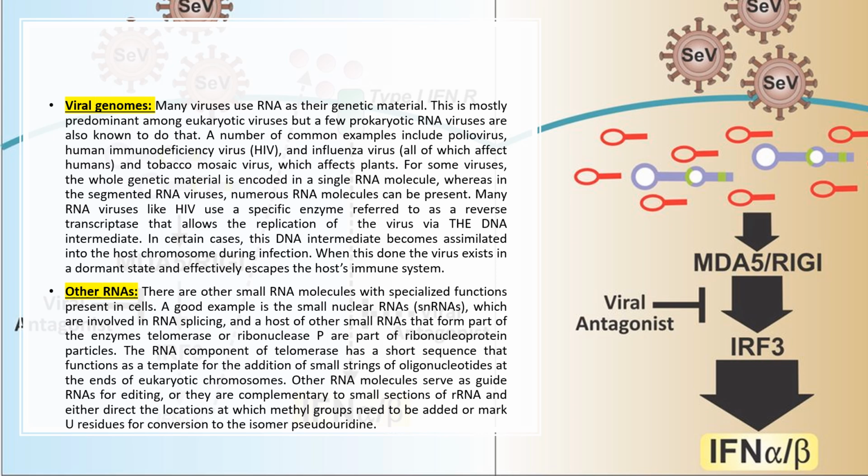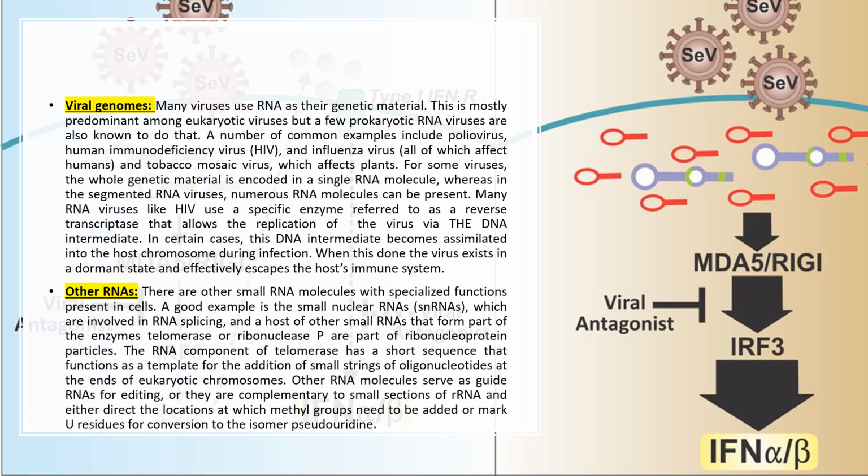Other RNAs. There are other small RNA molecules with specialized functions present in cells. A good example is the small nuclear RNAs, which are involved in RNA splicing, and a host of other small RNAs that form part of the enzymes telomerase or ribonuclease P, which are ribonucleoprotein particles.